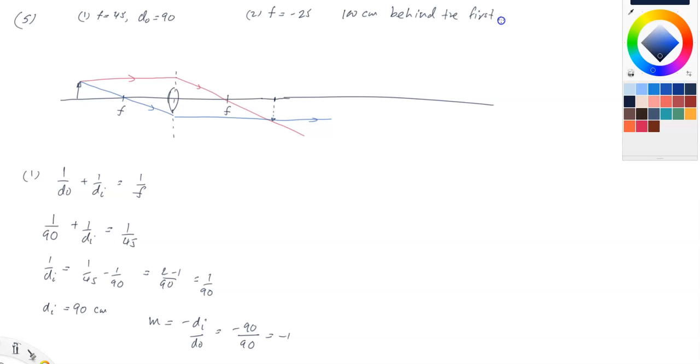All right, so this distance is 90. So the second lens is over here, 100 centimeters from the first one.